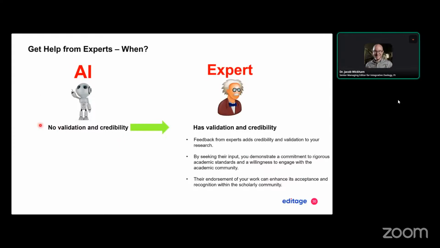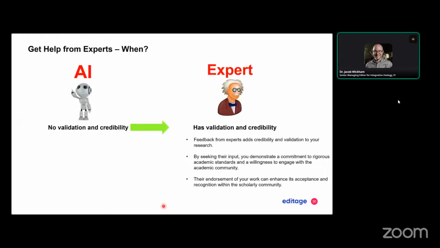So AI has no validation or credibility, whereas an expert has validation and credibility from their own experience. So feedback from experts will always be better than getting feedback from AI.